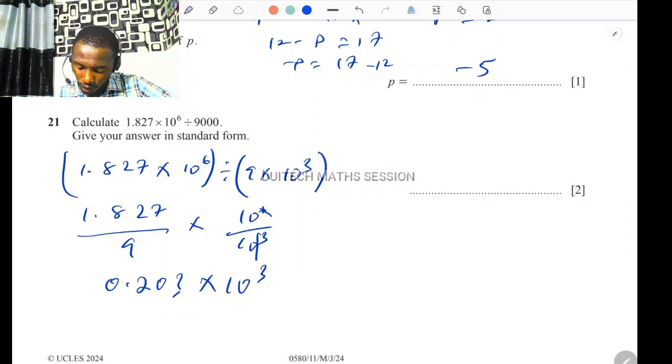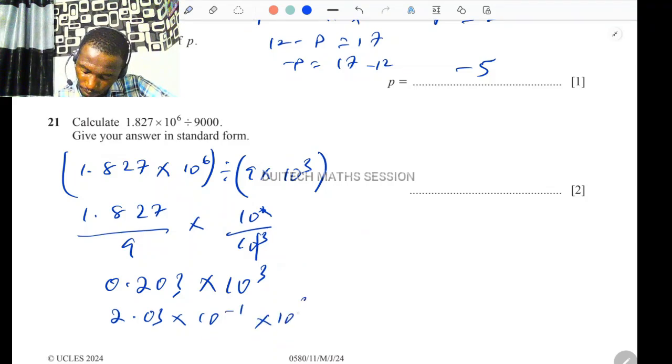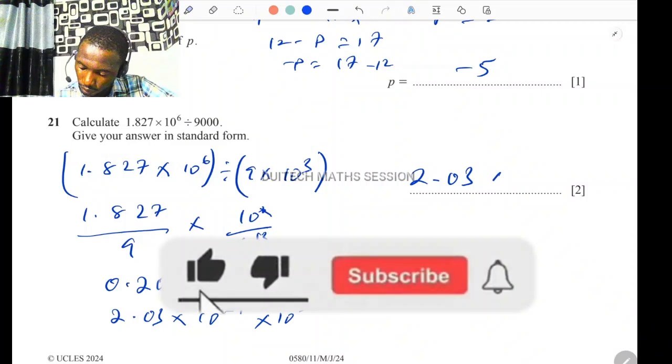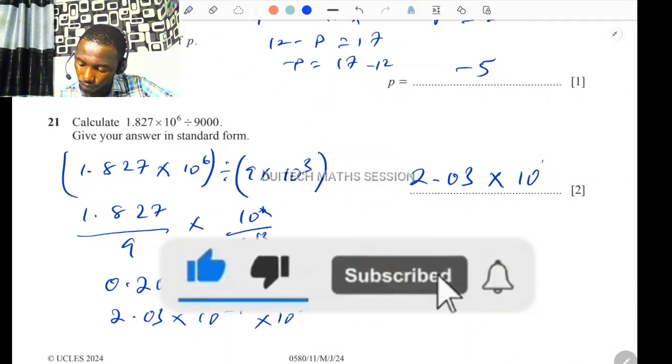If we break this down to standard form, now we have 2.03 times 10 to the power minus 1, then times 10 to the power 3. By the time you take the indices, you have 2.03 times 10 to the power 2.